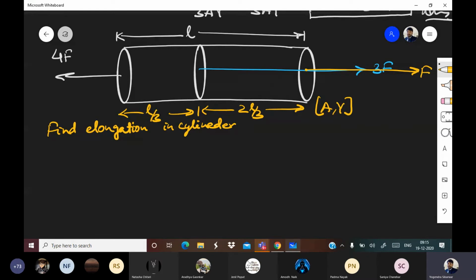Varad is saying that the answer this time is 2FL upon AY.